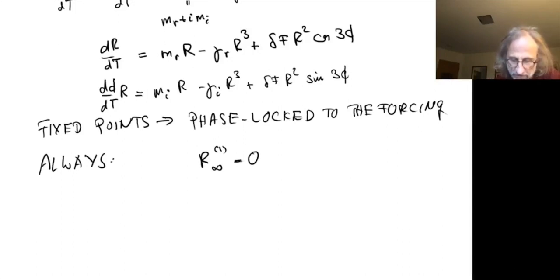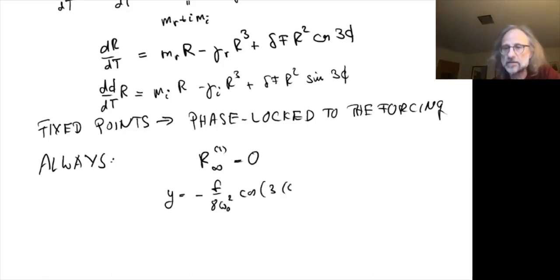So therefore y is something like, well, if you look it up, what we had, some factor, but the important part is cosine of 3 omega naught plus epsilon squared capital omega times t, plus higher order terms.